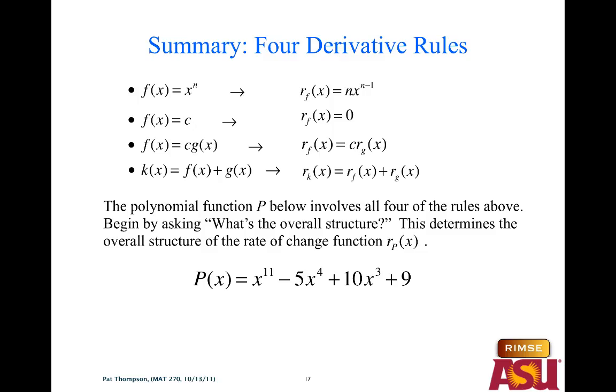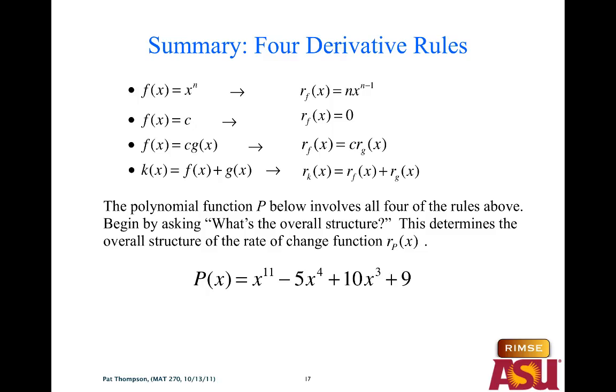Which of the 4 rules, 1, 2, 3, and 4, applies to that whole function as a whole? Would it be something to a power? Is the whole thing a constant? The whole thing a constant times a function, or the whole thing a sum?